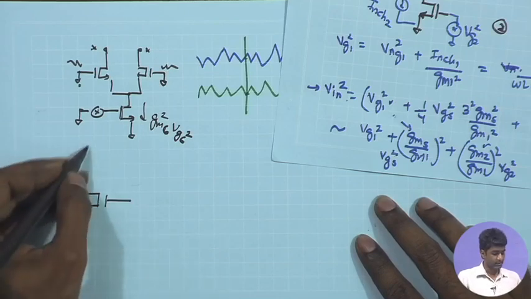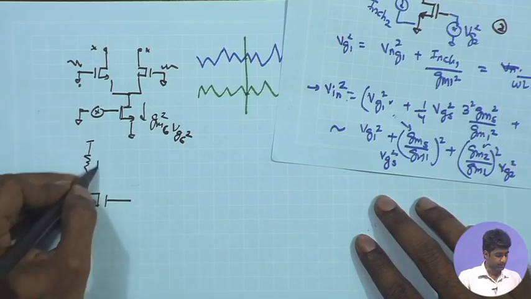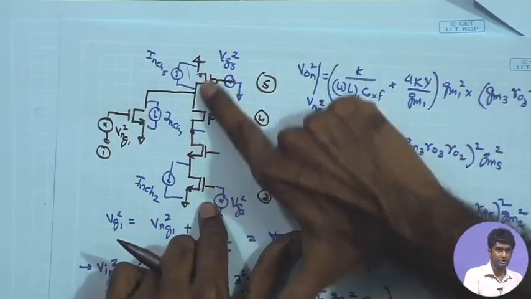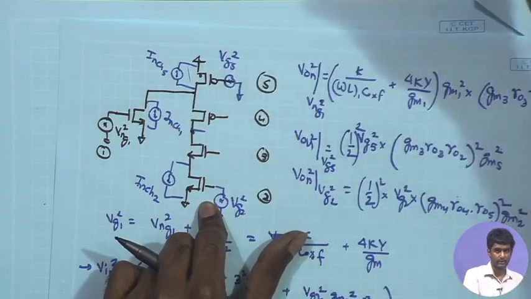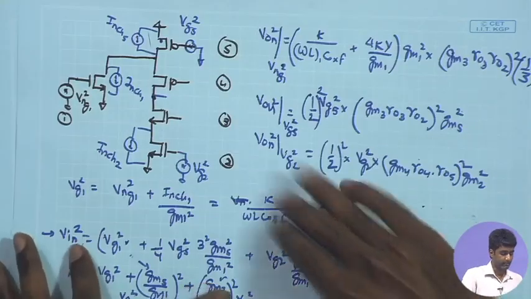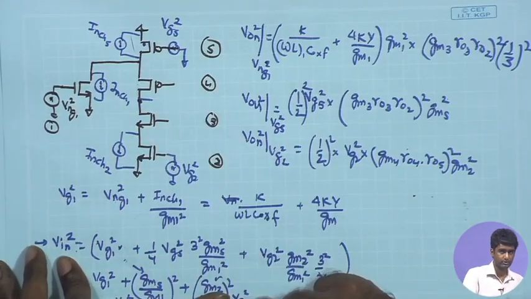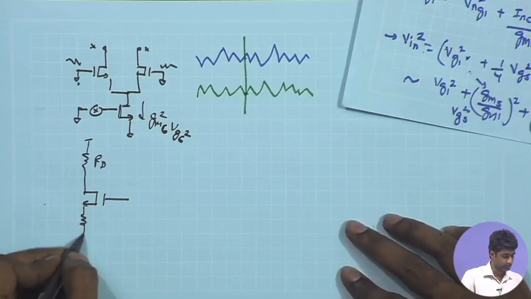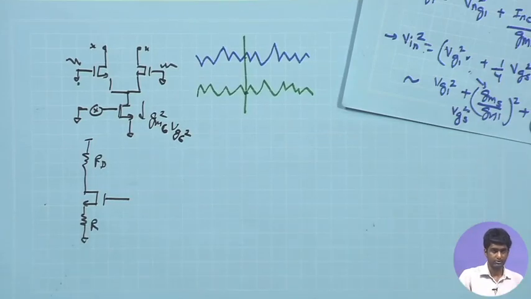For the NMOS, I have a large impedance RD in the drain, right? If I'm considering M3, it is seeing a large impedance into the drain, which is gm ro times ro. So I can call it RD, which is a large value. Likewise, M3 also has a large resistance in the source, which is ro. So I can call it RS. Of course, RD is much greater than RS in this condition.